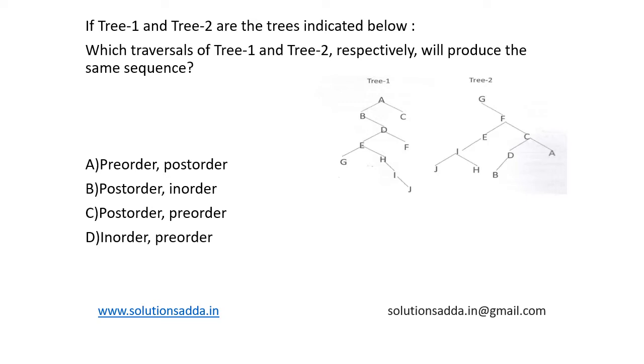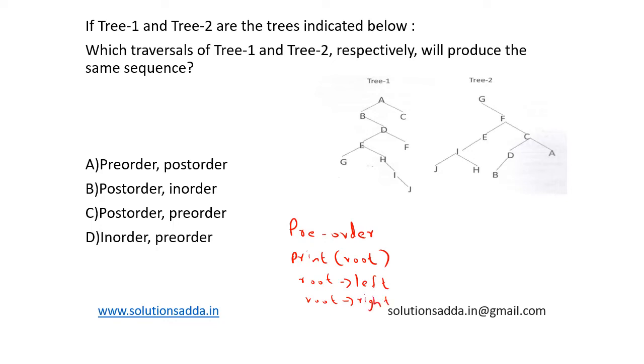So the important points to note here is that in pre-order traversal, we print the root, then we traverse to root left, then root right.